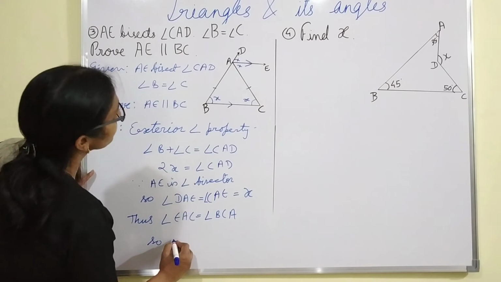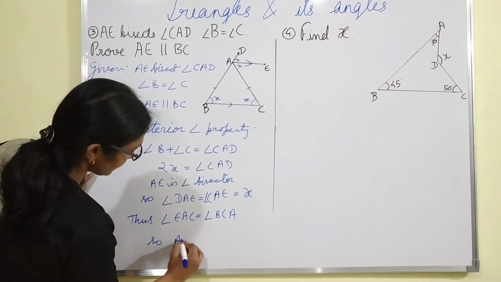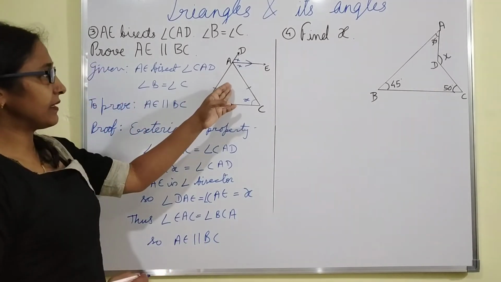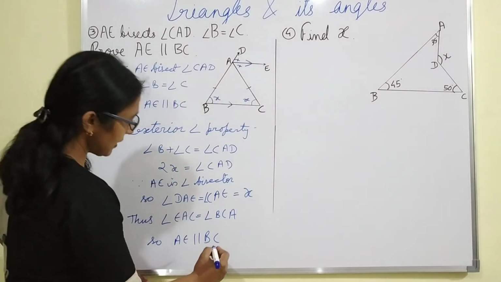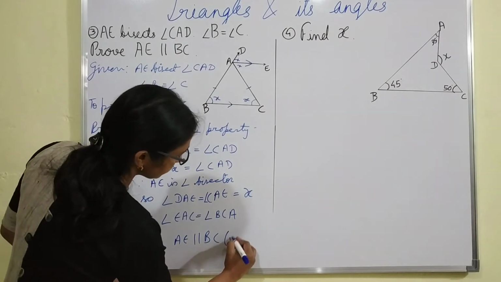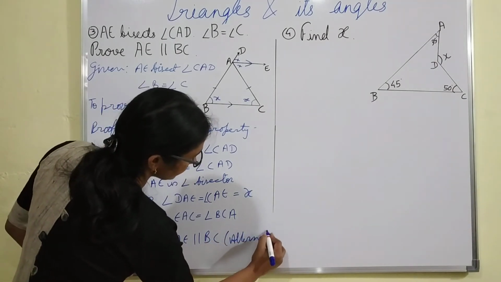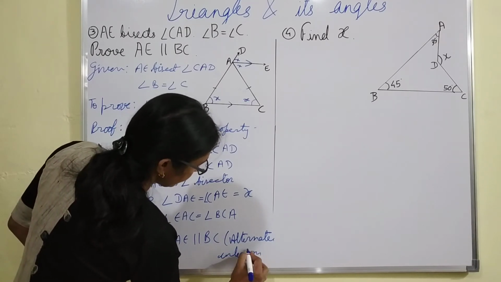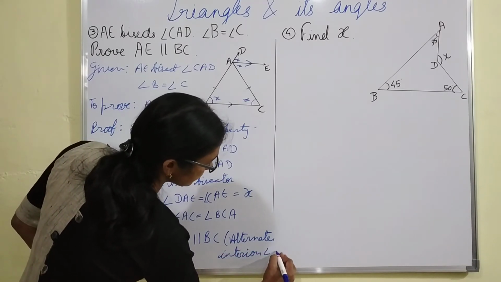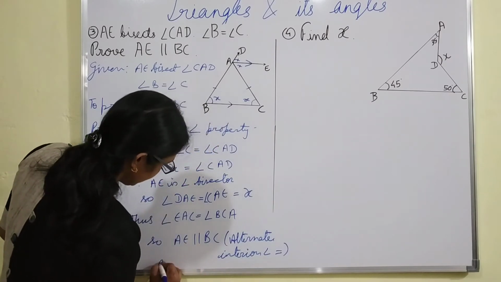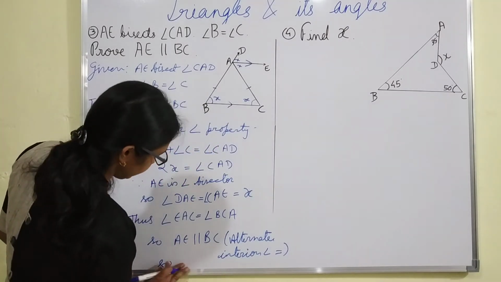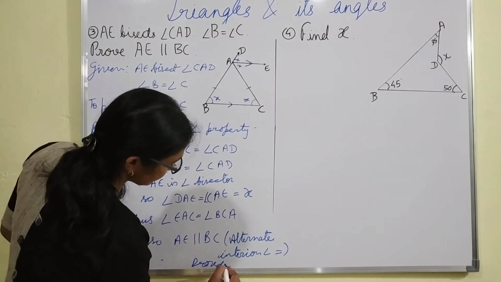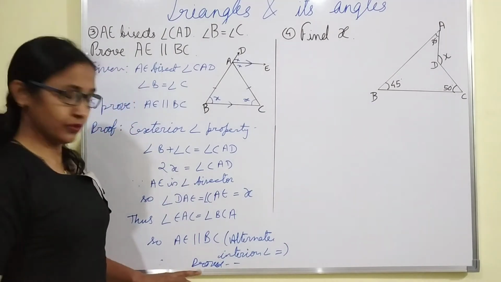So AE is parallel to BC. Alternate interior angles are equal, so lines are parallel. So proved. Hence it is proved. Okay.